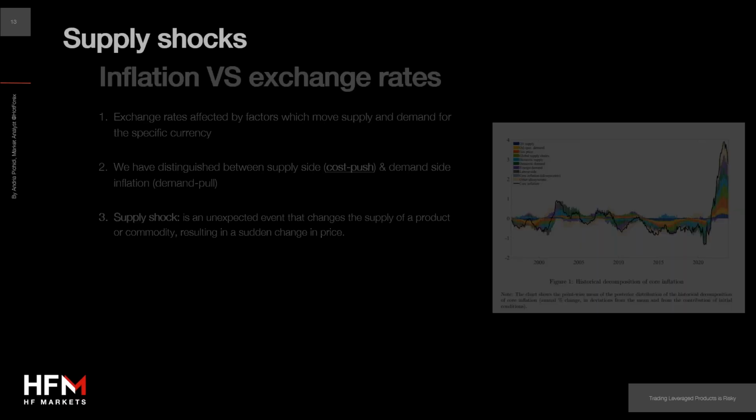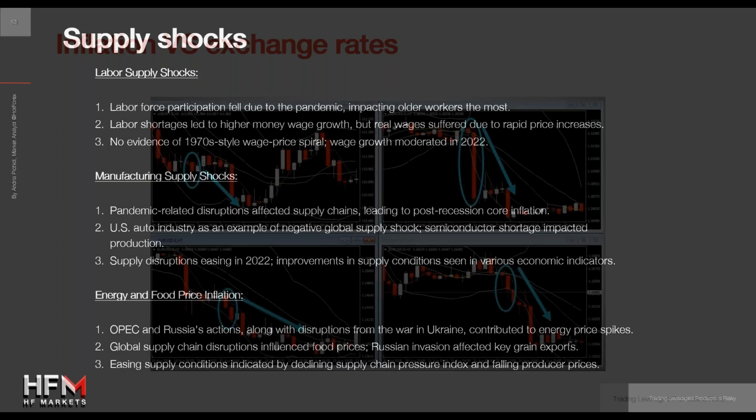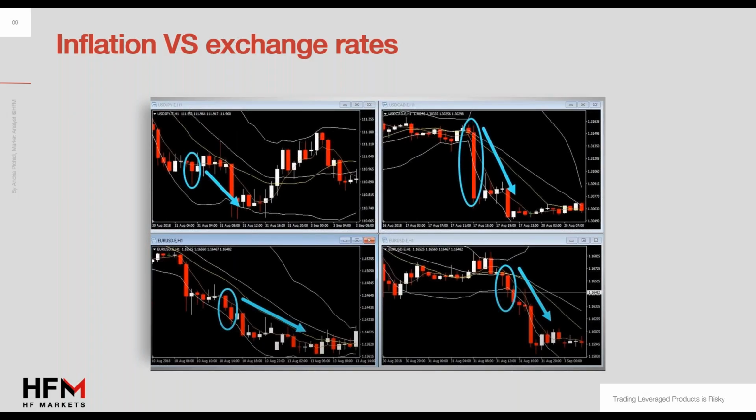That's just for you to be aware of some of the most recent factors that caused supply shock and led to higher inflation in the international market, not only in the US.